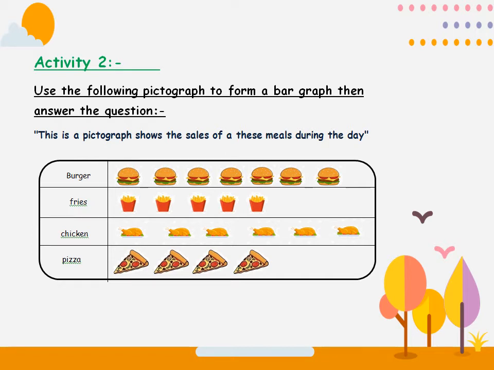In a day, how many burgers are sold? 1, 2, 3, 4, 5, 6, 7. 7 burgers sold in a day. And the fries is 5. Chicken, 6. Pizza is 4.